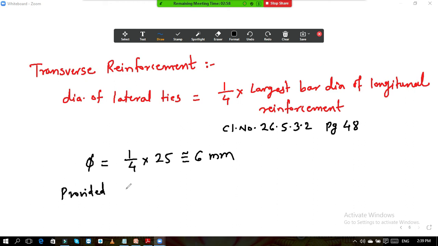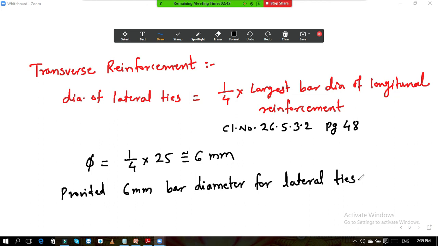Provide 6 mm bar diameter for lateral ties. Now we need to calculate the pitch, or spacing of the links.